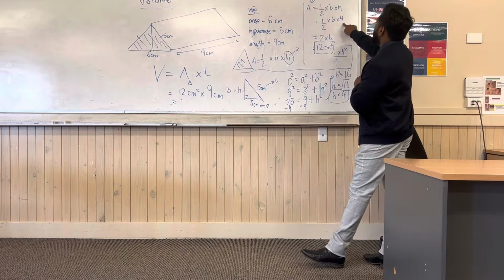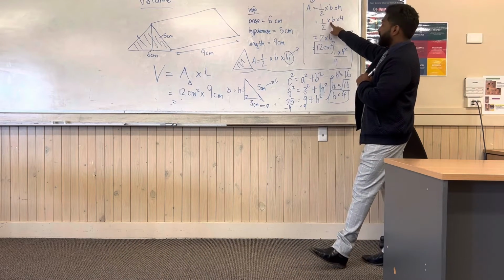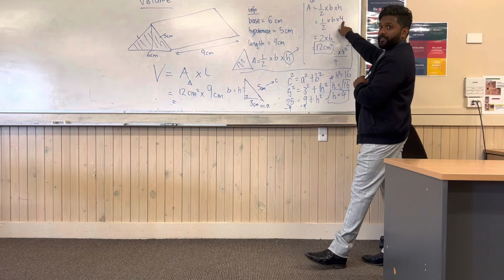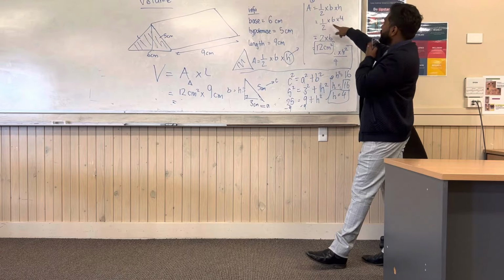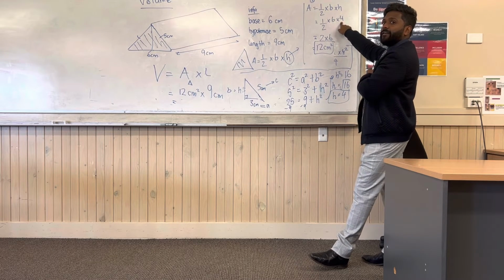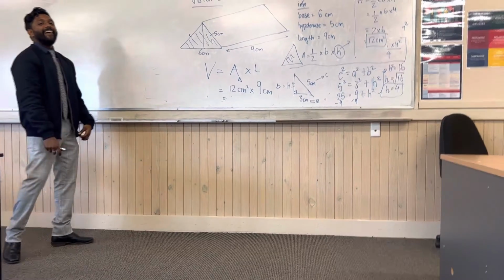Half of 6 is going to be 3, and 3 times 4 is 12. Or you could do half of 6 times 4. What's half of 24? 12. That's all right. And then you've got 12 times 9.